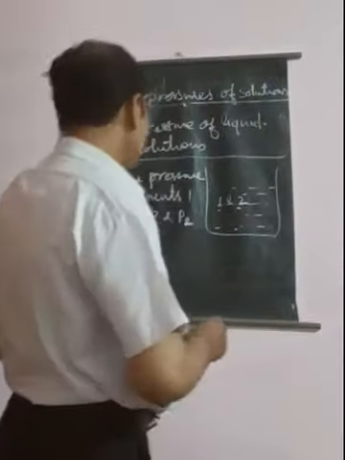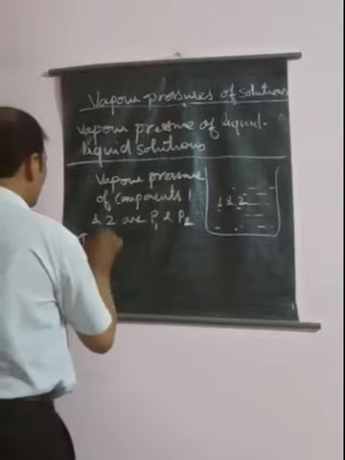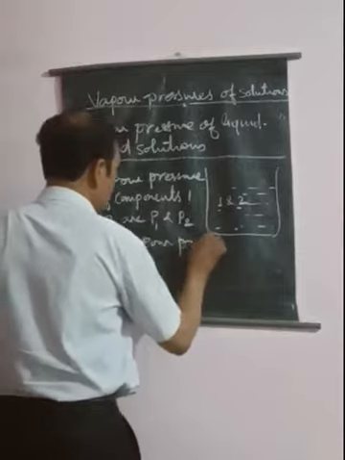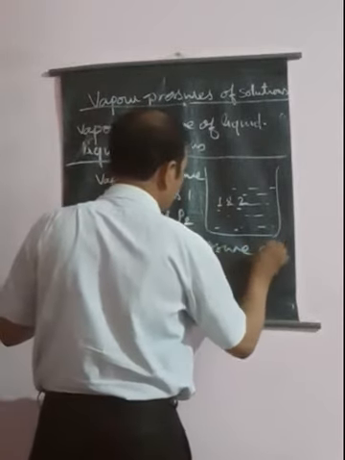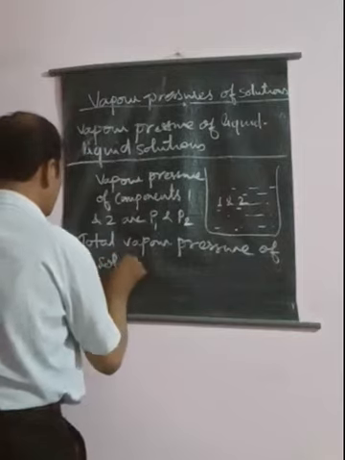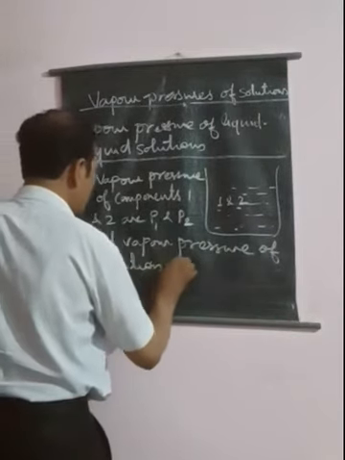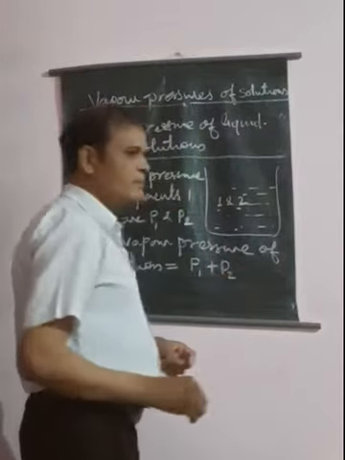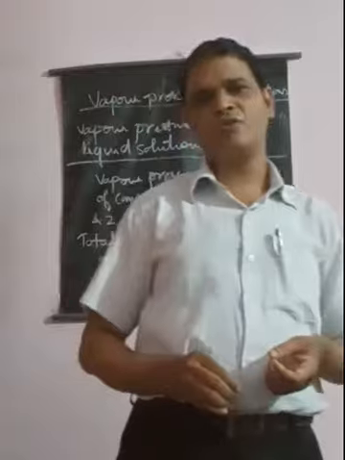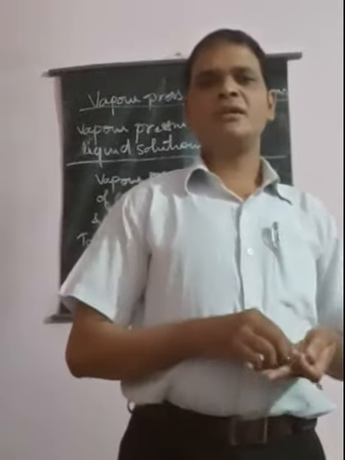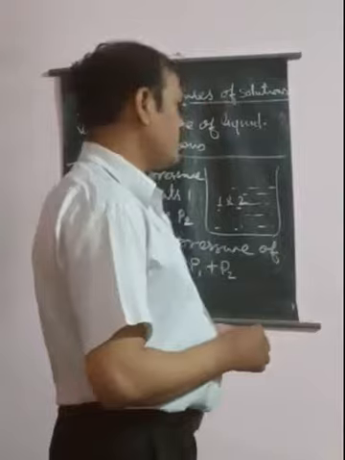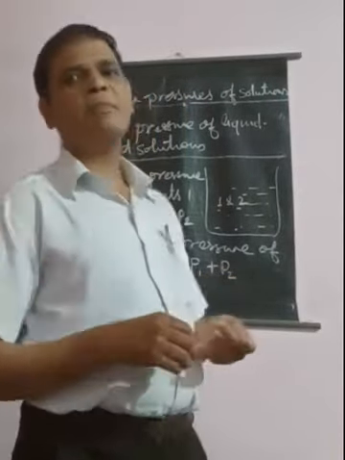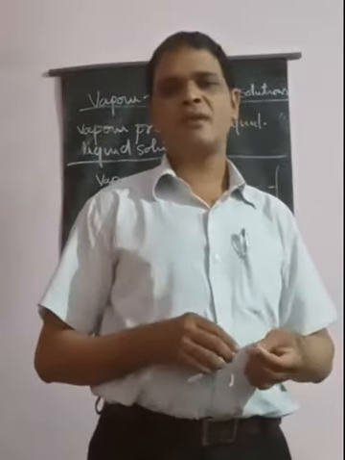So we can write here that the total vapor pressure of solution will be equal to P1 plus P2, where P1 and P2 are the vapor pressure of component 1 and 2. We have already studied about the vapor pressure and also about the mole fraction in previous topic known as Henry's law.